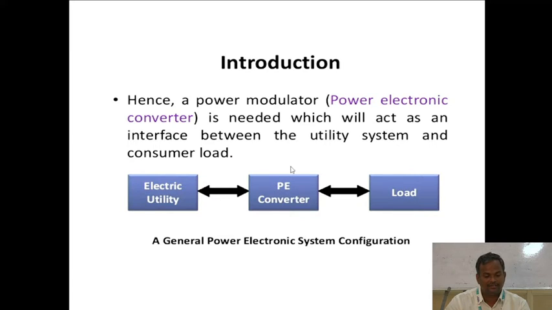All these conversions take place in the power electronic converter. It converts according to what type of supply the load expects. For example, if the load expects DC, then the power electronic converter supplies the expected supply to the load.